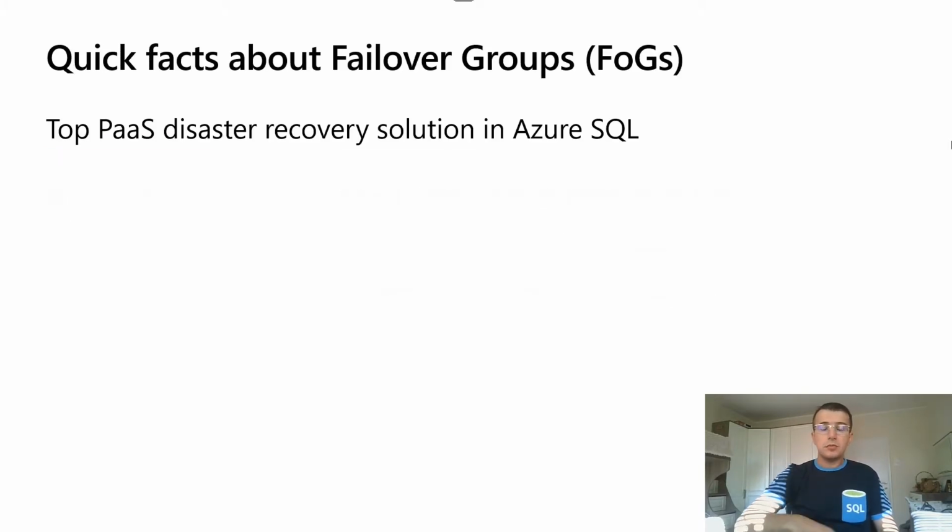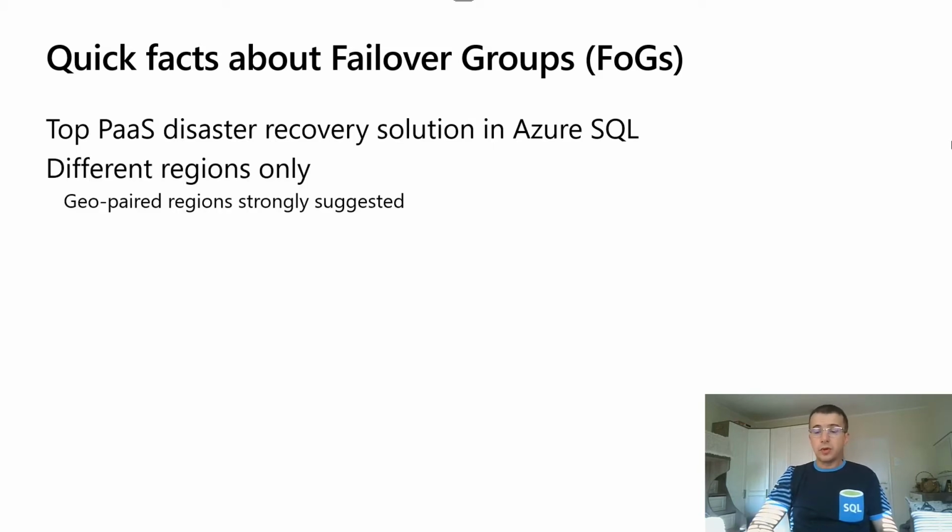So, as you know, Failover Groups are a top disaster recovery solution in Azure SQL for the most demanding business critical applications that have to survive region-wide failovers and continue working in a very short time. Failover Groups work over different regions only, meaning that two instances connected into a Failover Group must reside in different regions.